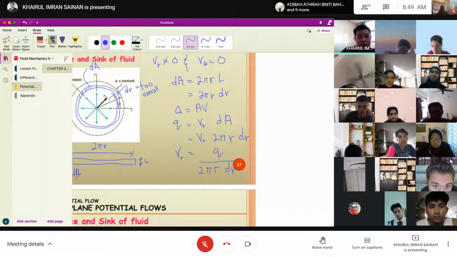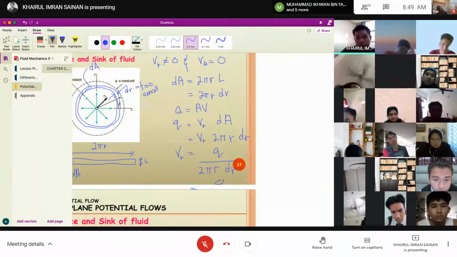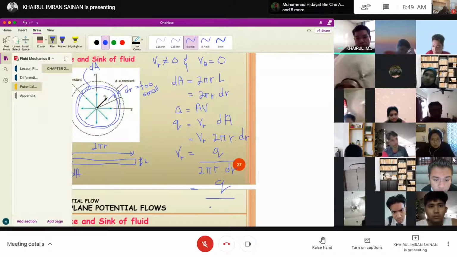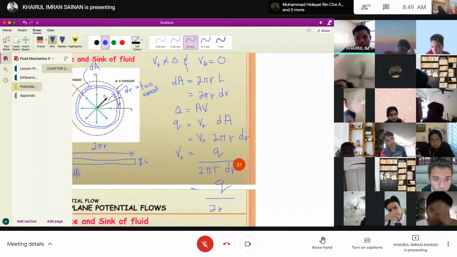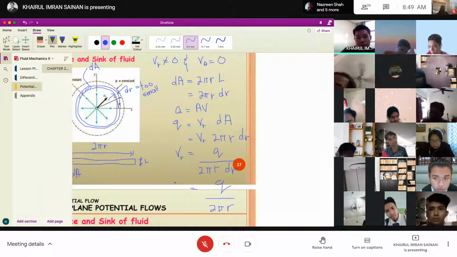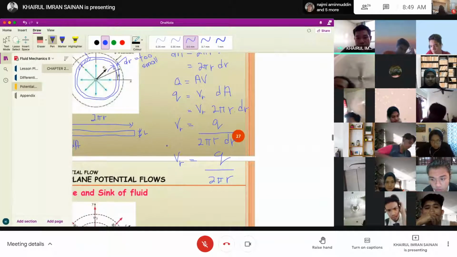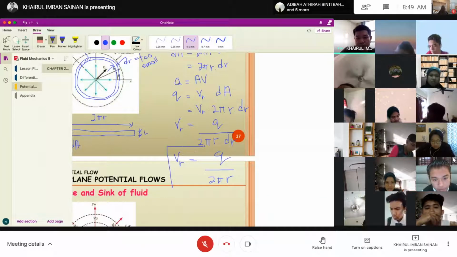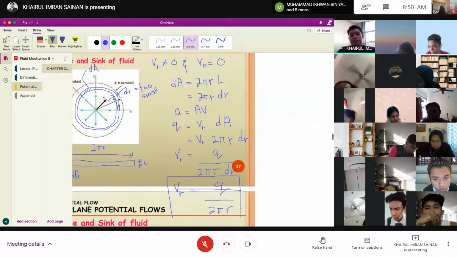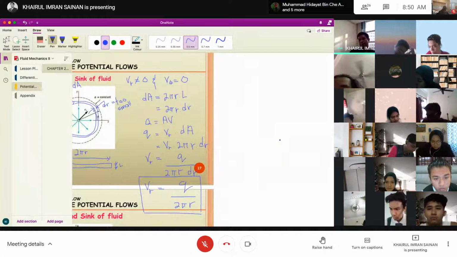So in the end, what happens to your equation is Q divided by 2 pi r. So that is VR. Any question on this?